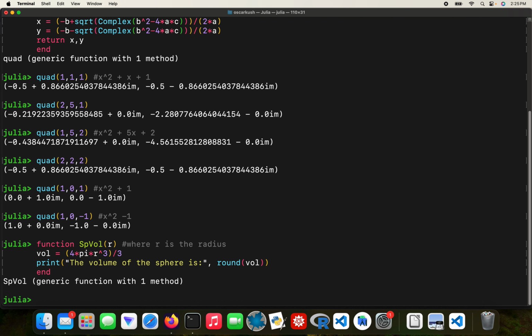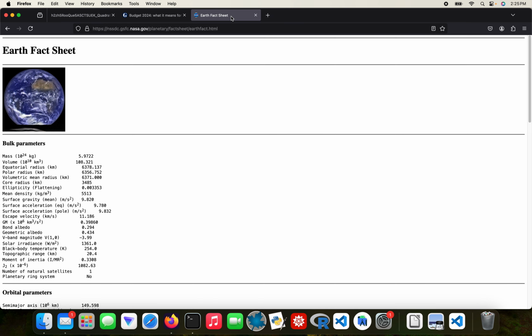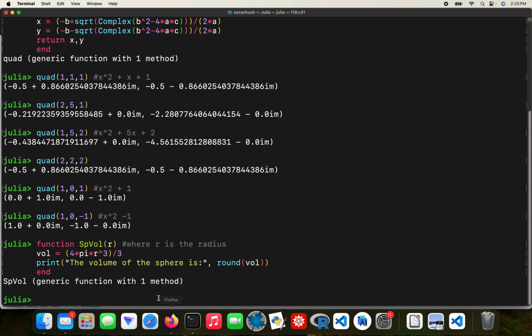Just going by stuff online, the fact sheet, I'm going to type in the equatorial radius of the Earth, 6378137. So sphere volume of 6378.137.